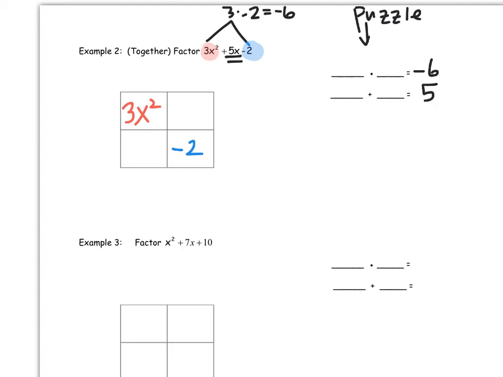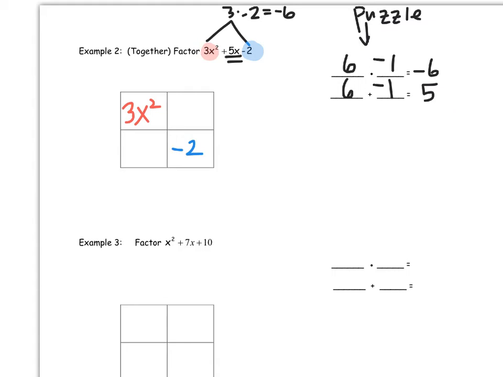So I think that those two numbers are going to be 6 and 1. So I'm going to put them here, 6 and 1. But I need it to be negative 6, so one of these has to be negative. And now you have to look down here. If you want this to be positive 5, it means that the 1 has got to be negative.